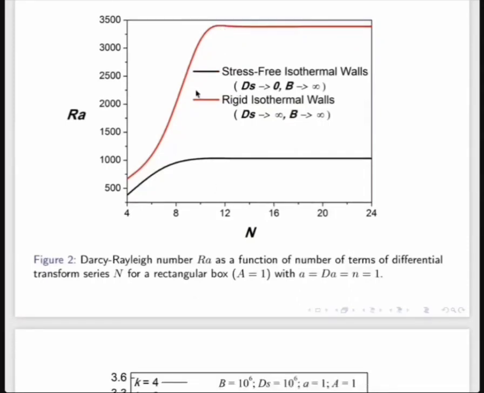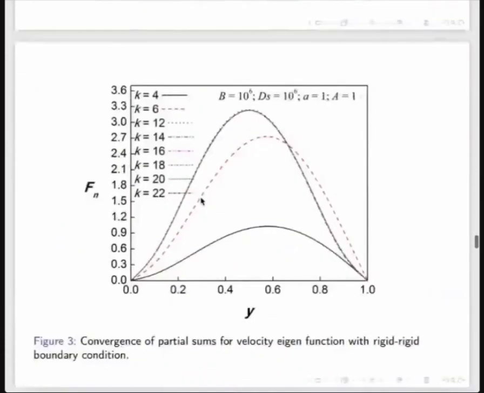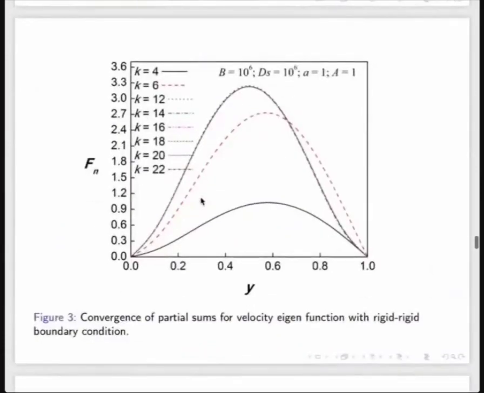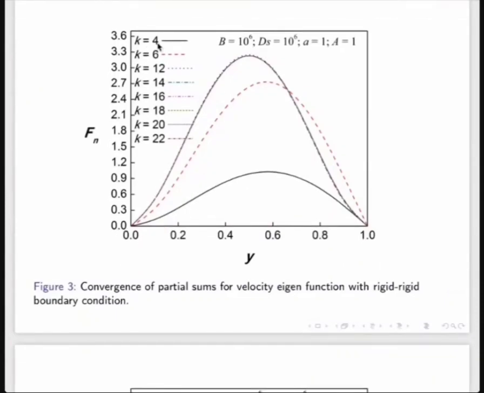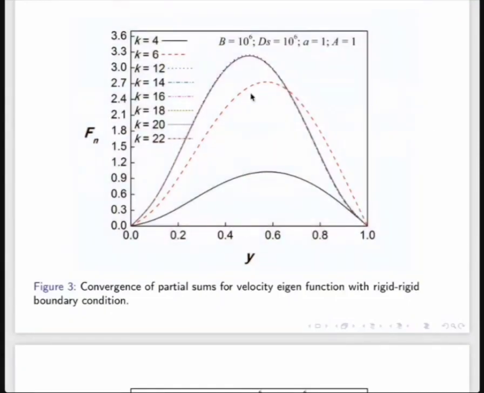This is one figure which indicates that our method converges with less than 20 terms in the series. Now these are the partial sums which are plotted. These are eigenfunctions: if you take the first 4 terms of the series, you have this solution; 6 terms of the series, you have another solution.